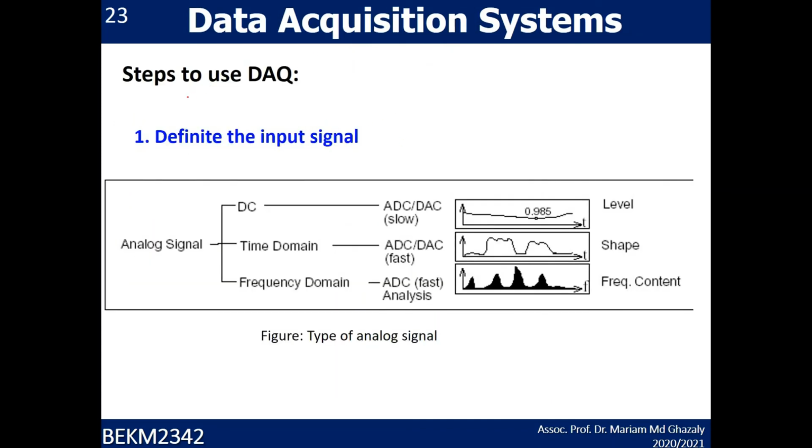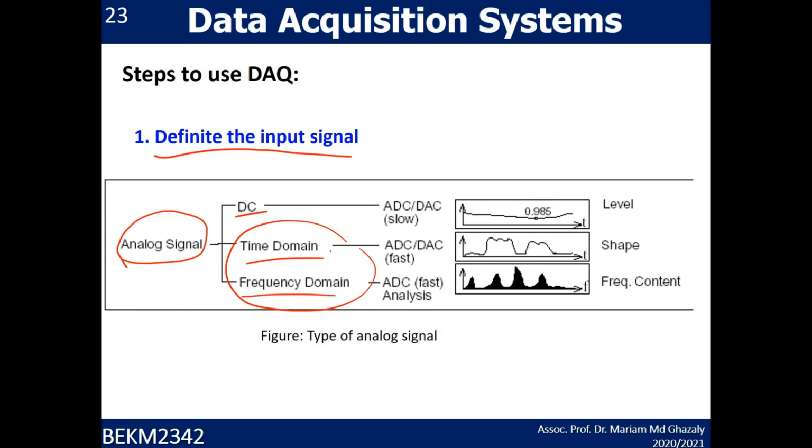So what are the steps to use the DAQ? First of all, you need to define the input signal. Define first what the analog input signal is. Normally the input signal we are talking about is the signal from the sensor. Is it direct current, is it in the time domain or the frequency domain? Just ignore time domain and frequency domain for this round.